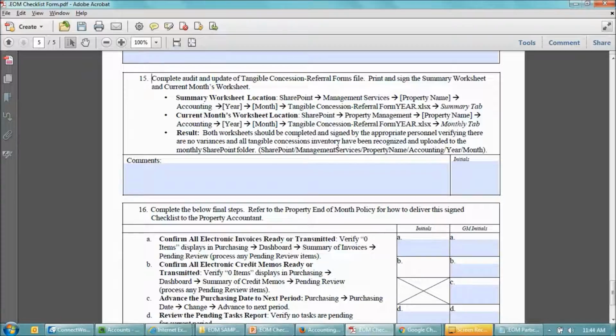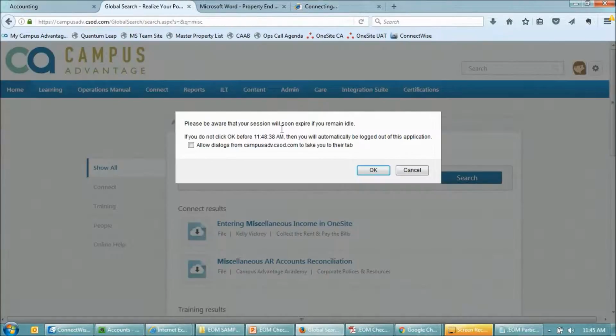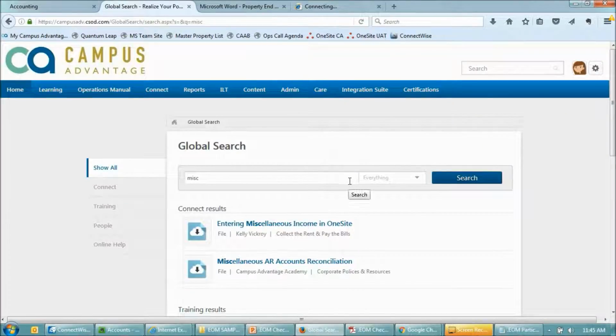I think the only thing I want to make sure I go over with the tangible concessions is that if you do start using them, you will have to get the form, you will be logging them, and you're going to have to do this whole process, which is sort of cumbersome because we have to control those.